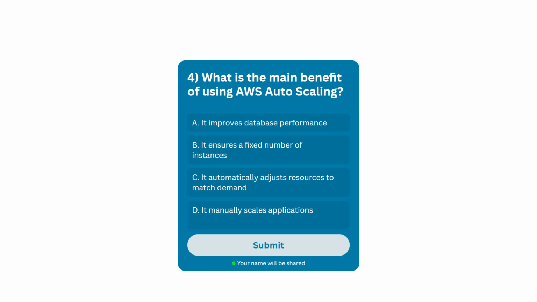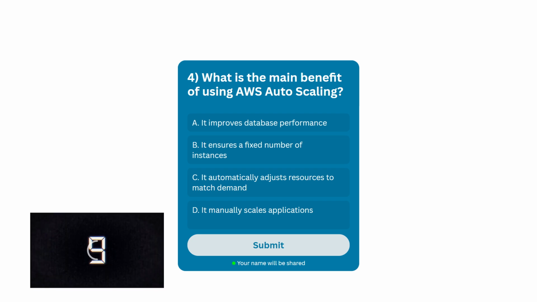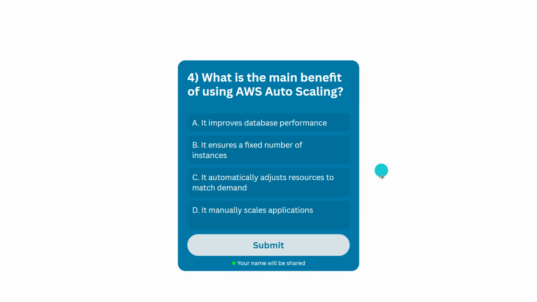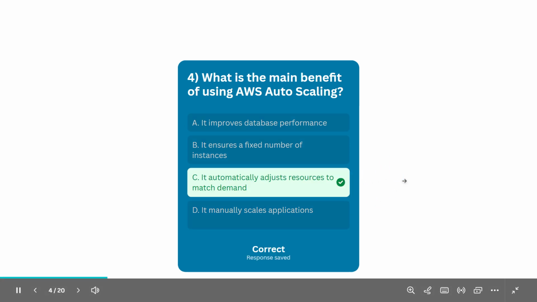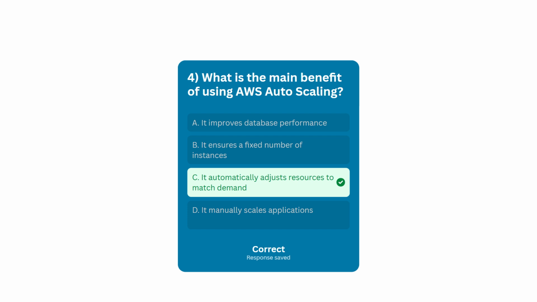What is the main benefit of using AWS autoscaling? It automatically adjusts resources to match demand. Autoscaling adjusts compute resources automatically to maintain performance and reduce cost.